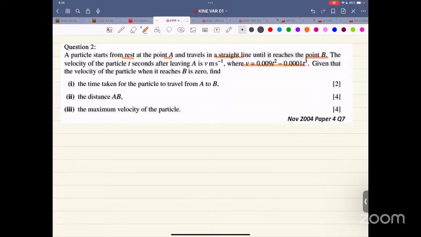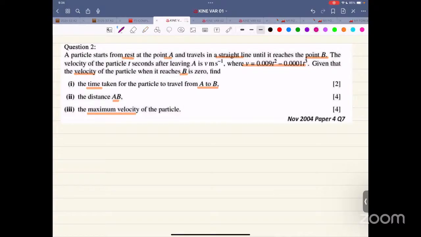Now I hate all these zeros because they are so difficult to see. Big numbers are no issue, but these zeros, be very, very careful. Given that the velocity of the particle when it reaches B is 0, find the time taken for the particle to travel from A to B, the distance AB, and the maximum velocity of the particle.